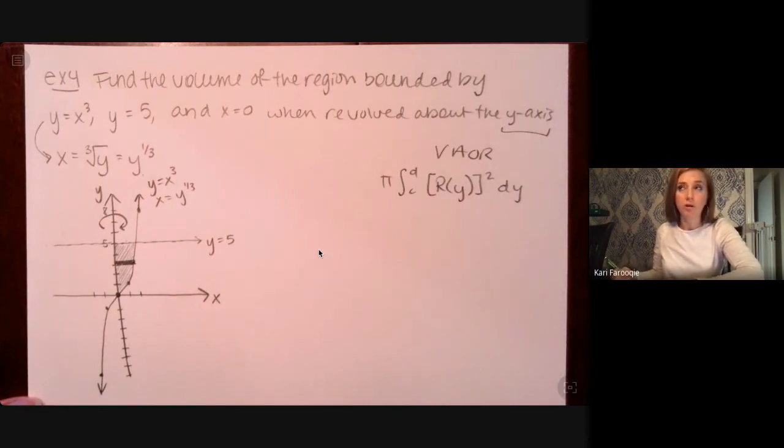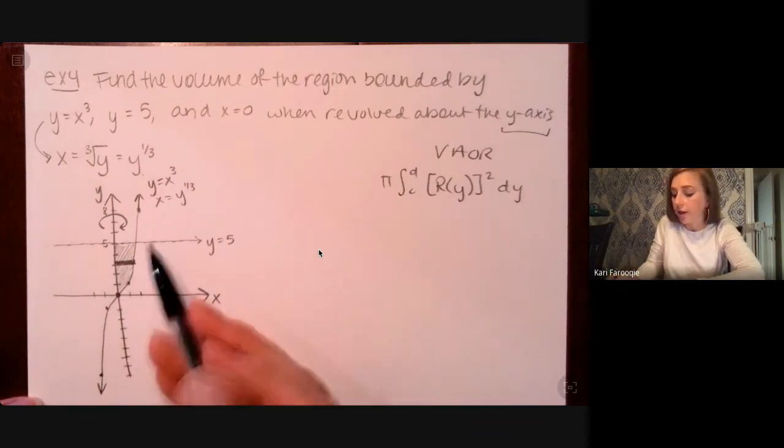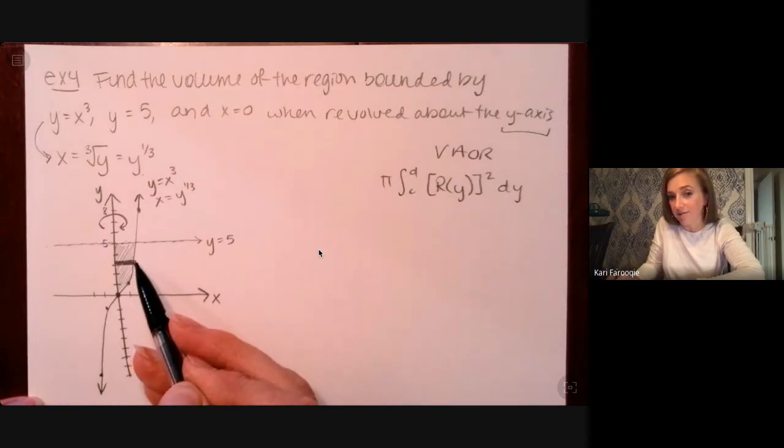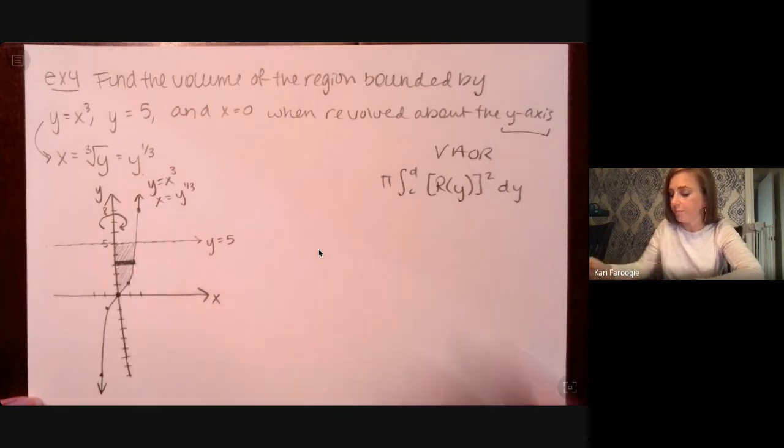And now I hope we can start to see where this dy is coming in, because in order to find the radius, I'm looking for the height of this rectangle. And the height of this rectangle is going to be represented by a function, and we're going to figure out what that is by taking right minus left.